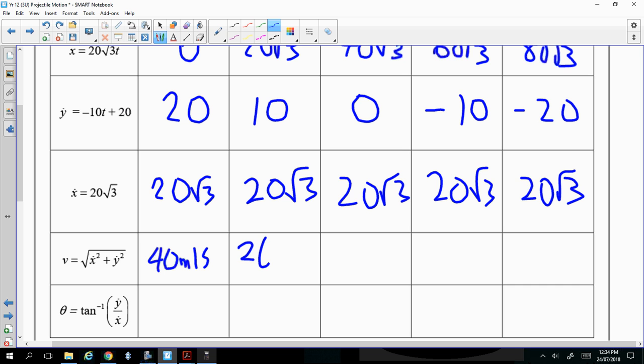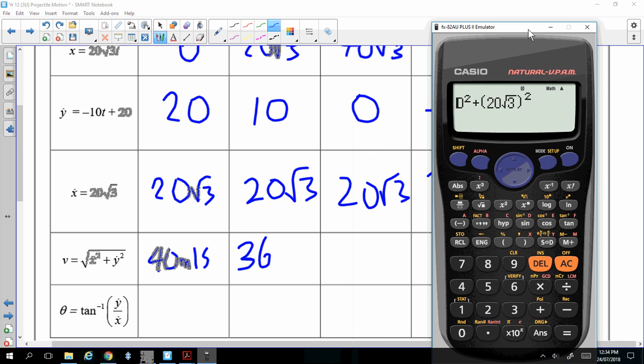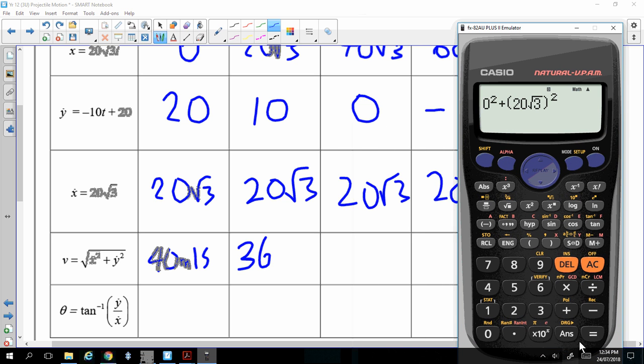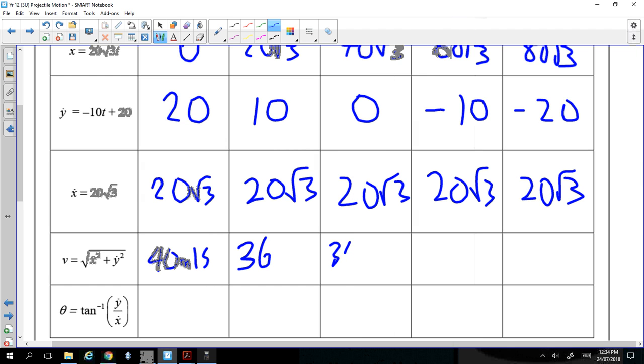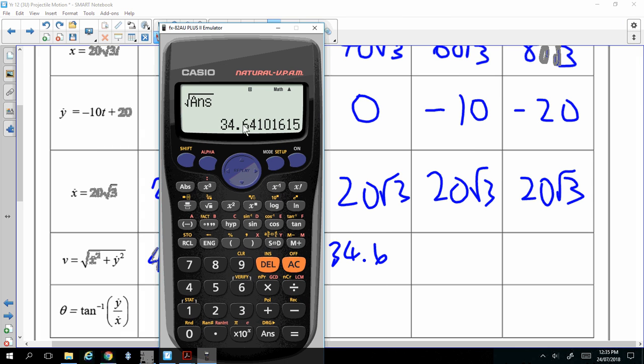For the next one, 0 squared plus this square, you get this and then square root, which is 34.6. So the speed gets smaller as it flies, and then after that it starts to increase again. If you go to the next one, you go back to negative 10 squared, and when you square it, it becomes positive. Then you just square root the answer. So we get 36, and then 40. That's the actual speed of the projectile.